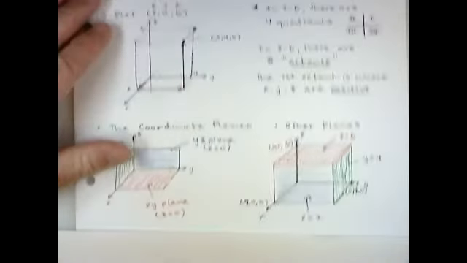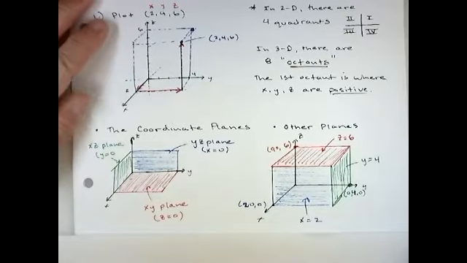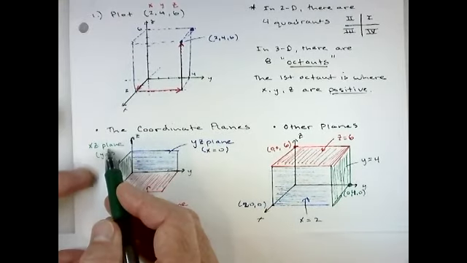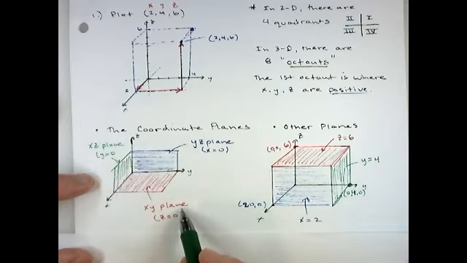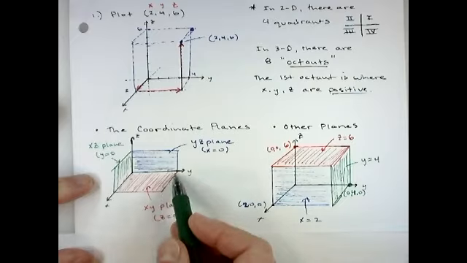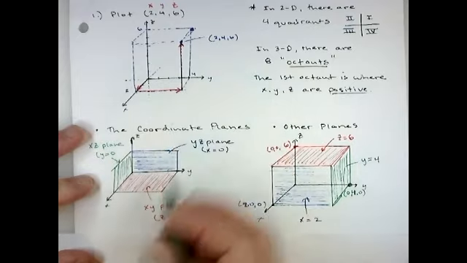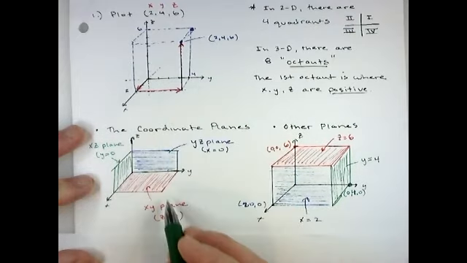Okay, we should talk about the 3 coordinate planes. And the 3 coordinate planes are the xy plane, the yz plane, and the xz plane. A plane is a flat surface, okay? So the xy plane, we call it that, but it's all of the points where z equals 0. Back on my picture here, it's like the floor of this box, right? Every point on that floor has a z value of 0 because we haven't gone up or down.